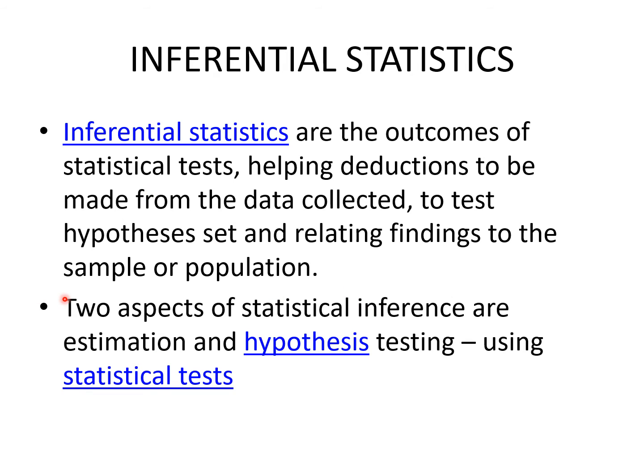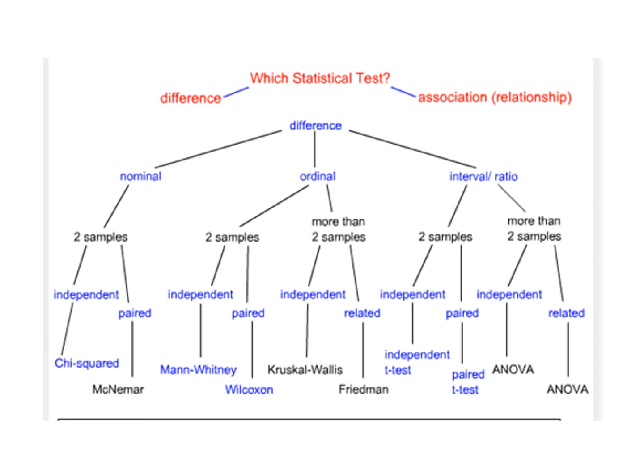So in inferential statistics, there are two types of methods. First is estimation, or hypothesis testing, to test the hypothesis, and the second is statistical tests, the tests that count the data statistically.